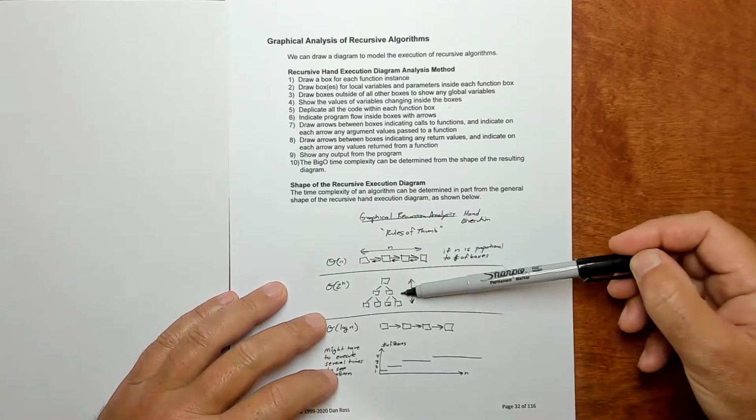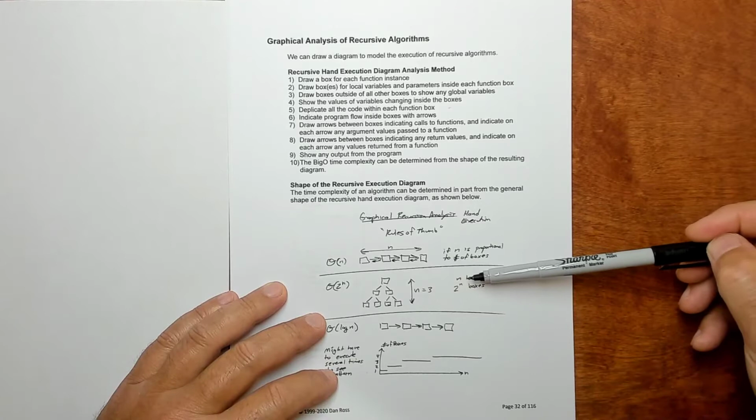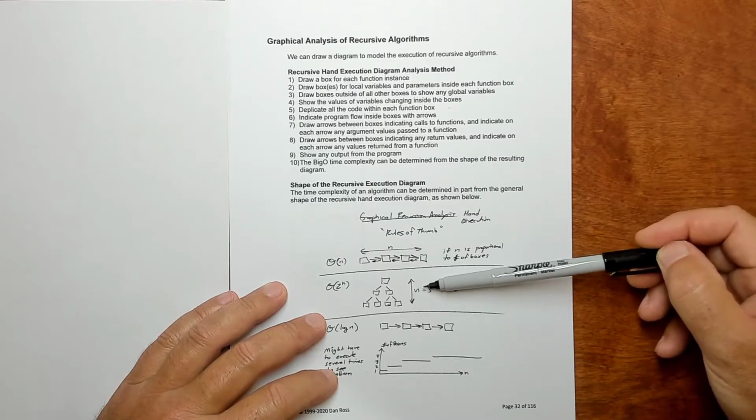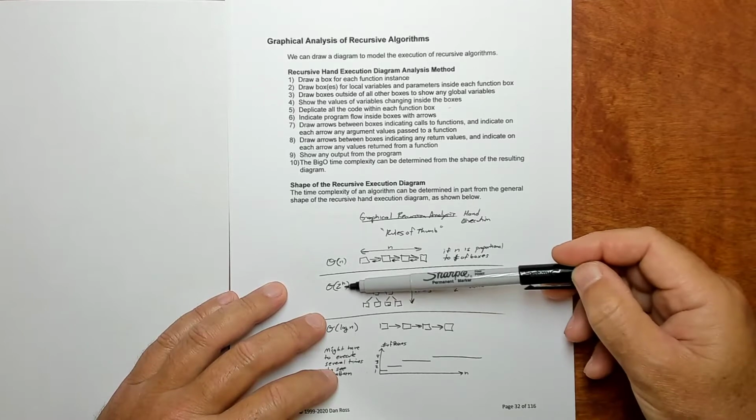If you have something that looks like this, typically it'll look like a tree, where for a given problem size n, if you have 2 to the n boxes, then that's 2 to the n time complexity.